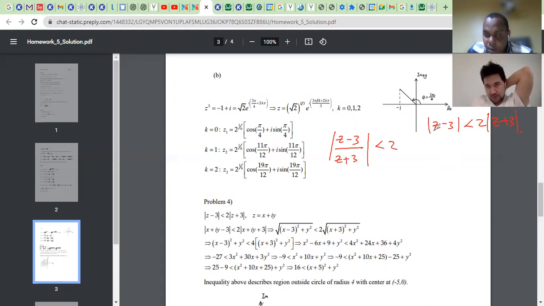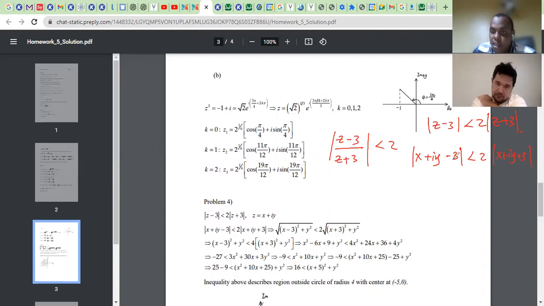Then if you introduce X plus iY, we get |X plus iY minus 3| less than 2 |X plus iY plus 3|. Because the 3 is real, you can combine it with the X. So the real part becomes X minus 3 plus iY, and this becomes X plus 3 plus iY.